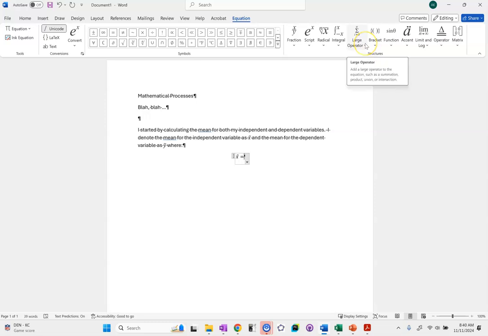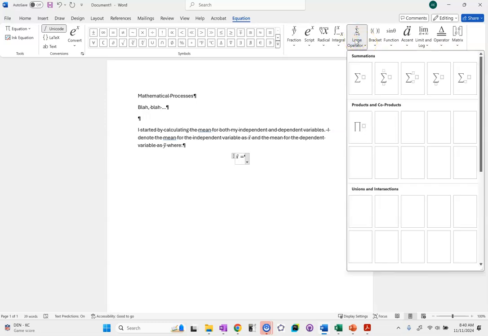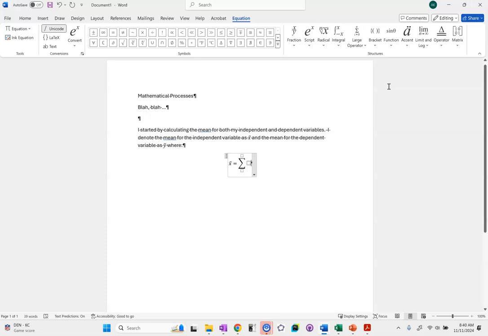And then I want the summation notation for the formula. So I'm going to pick the large operator option. And the option I want here is the second one, the summation with limits. So my lower bound is going to be i equals 1.